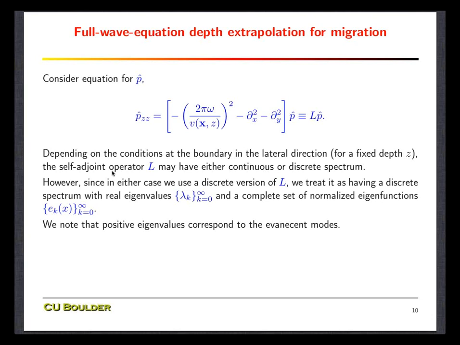So we have real eigenvalues, and we do have in that case the complete set of eigenfunctions. And we notice, if you go back to that example, that the evanescent, the bad ones, were corresponding to positive eigenvalues.